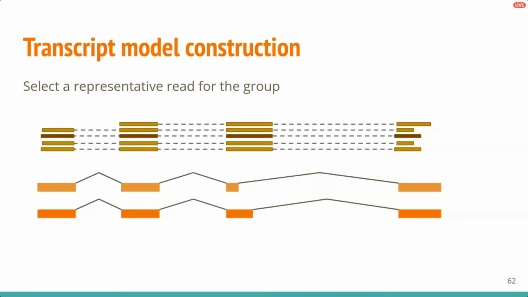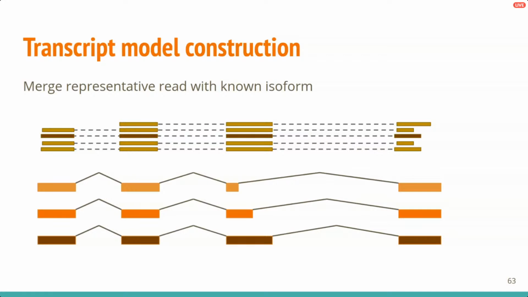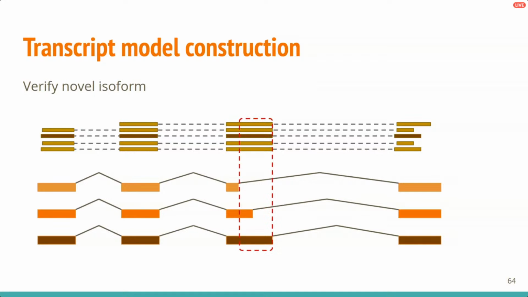Again, we take this group, we select the representative read, we merge it with the annotated isoform, and go back to this group and see which reads support this second novel isoform, and in this case, it appears that they all do. So we do the process iteratively. We pick a read, construct a novel isoform, throw away the reads that support this novel isoform, and do it until our group is empty. So for this group, we construct 2 different isoforms.